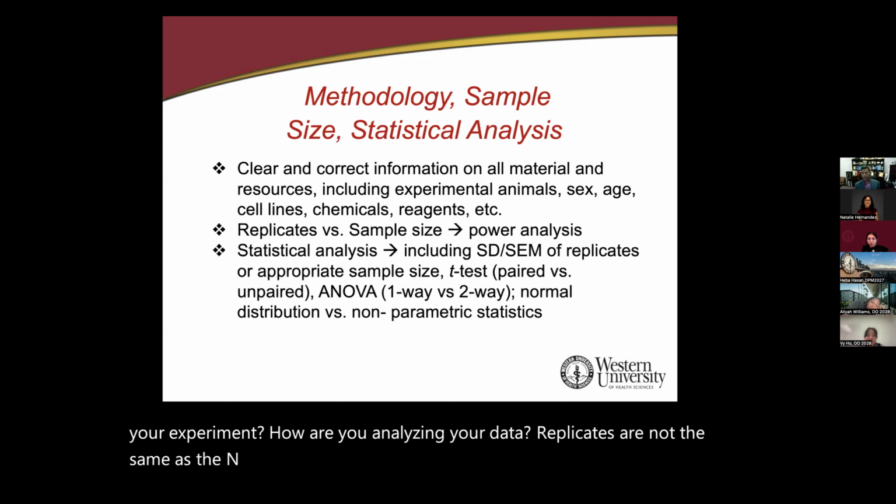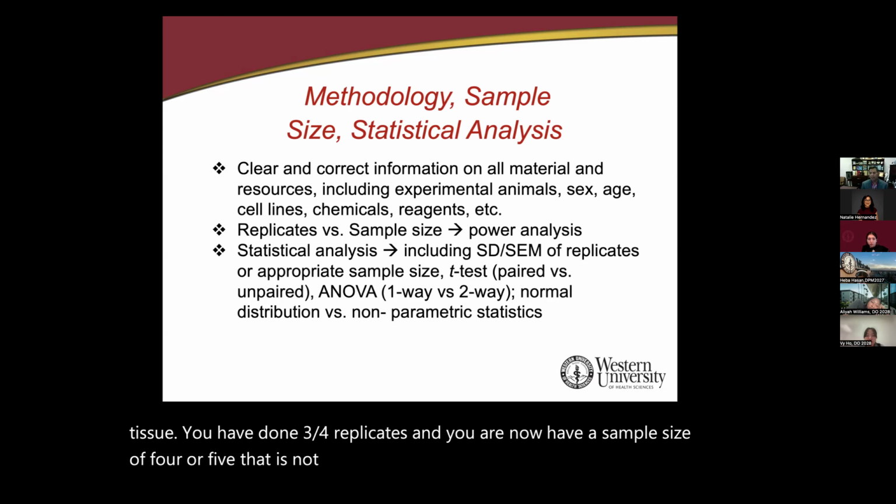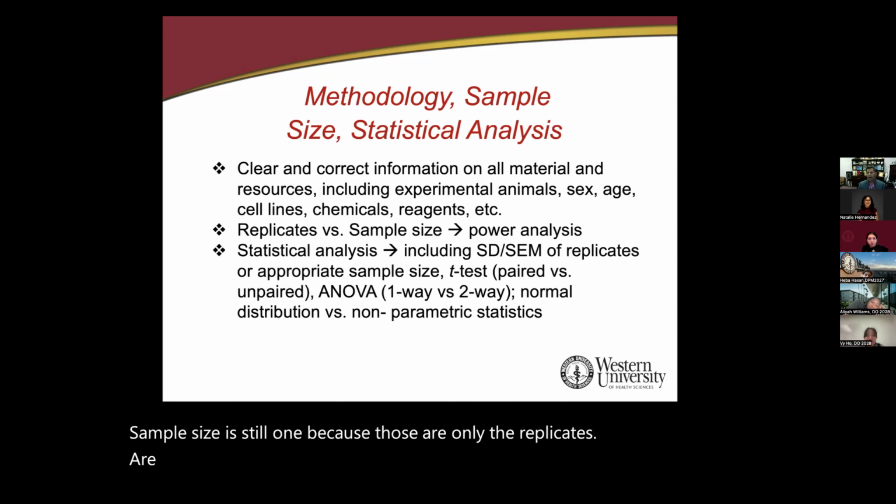N value refers to the sample size. It is not that for one tissue you have done 3-4 replicates and now you have a sample size of 4 or 5. That is not correct. Sample size is still 1 because those are only the replicates. Replicates show how reproducibly you get the data using the same sample.